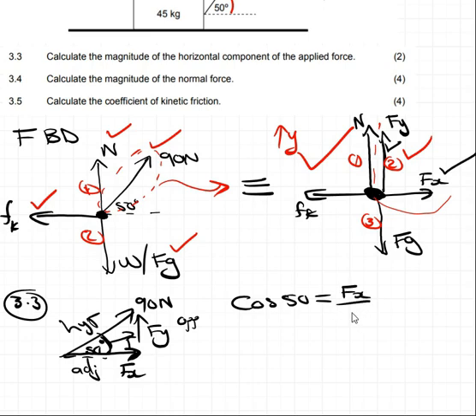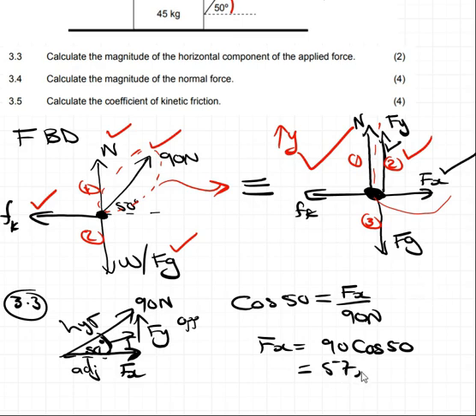The adjacent is Fx, and the hypotenuse is the applied force, the 90 newtons. Meaning our x component is 90 multiplied by cos 50, which gives us 57.85 newtons.